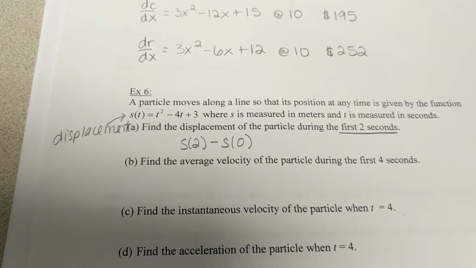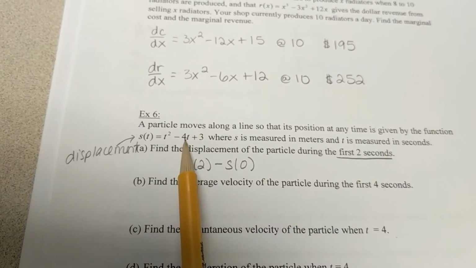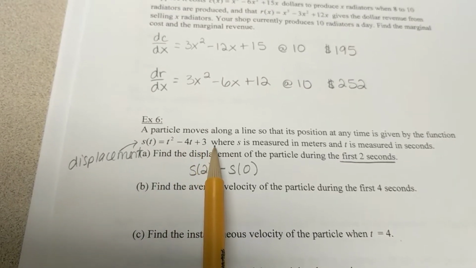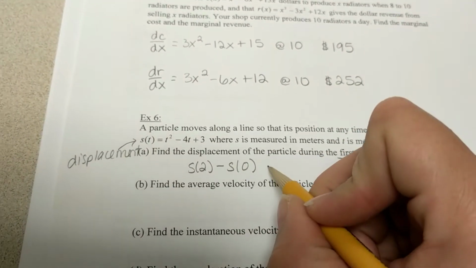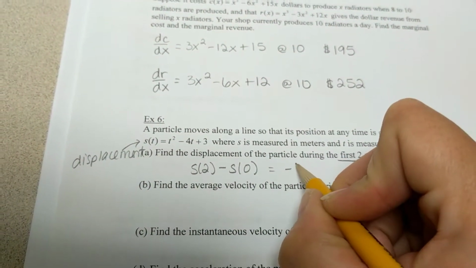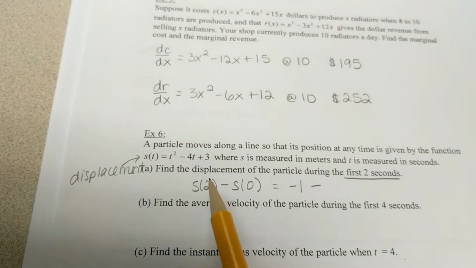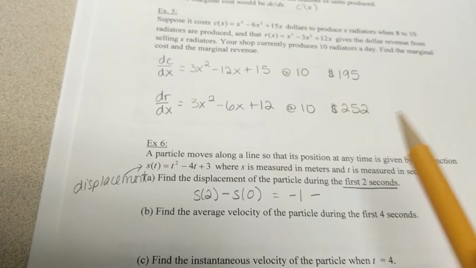So if we plug in 2, we get 2 squared minus 4 times 2 plus 3. So 4 minus 8 plus 3. So we get negative 1 minus, what happens when we plug in 0? 0 minus 0 plus 3.